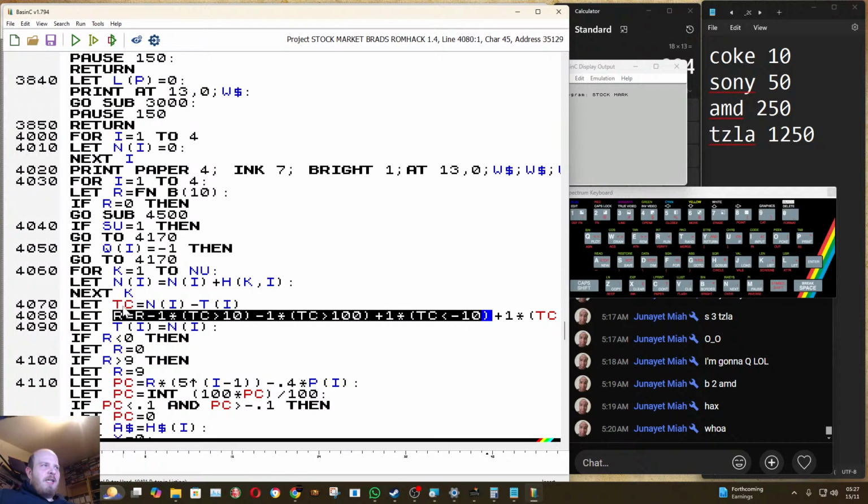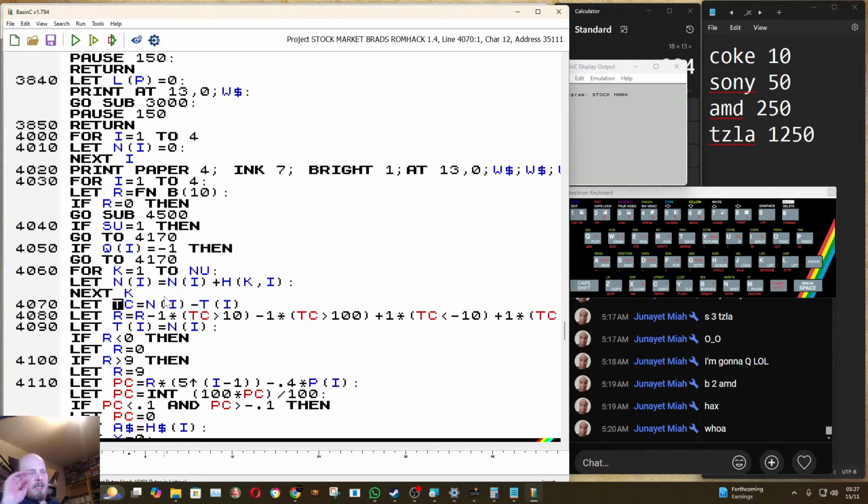So TC is a variable that is looking at the N array. It is possible to understand what that means. But that's quite a long algorithm, isn't it?